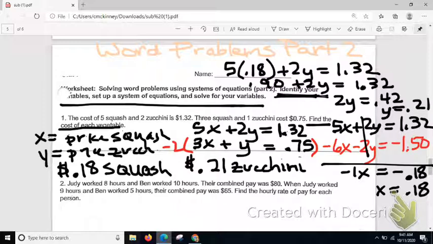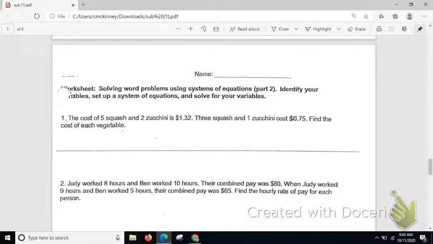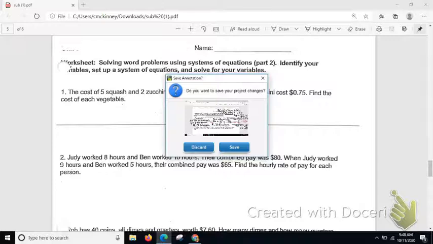Like perhaps they're kids and they're doing work for their grandparents or something. But they're not making minimum wage. So don't be surprised by that. But you're going to end up with some Ben plus some Judy equals an amount.